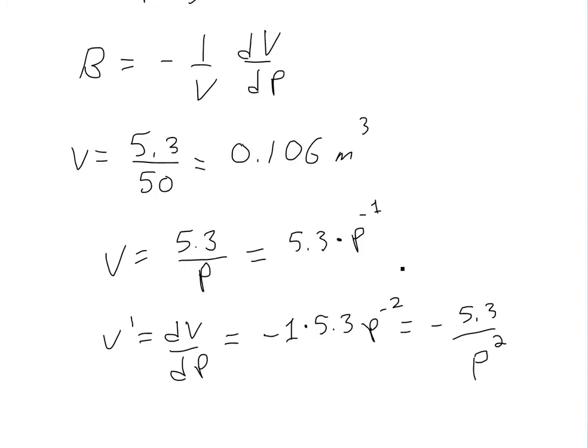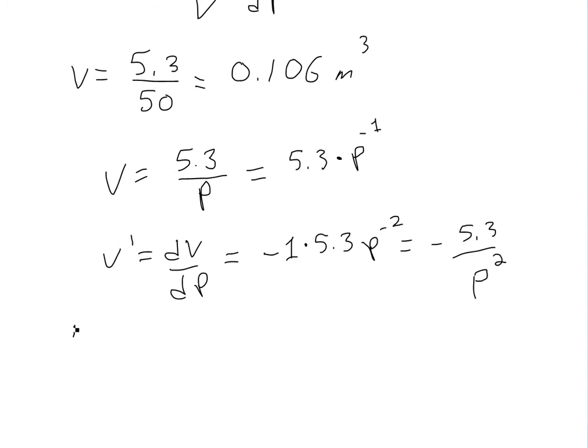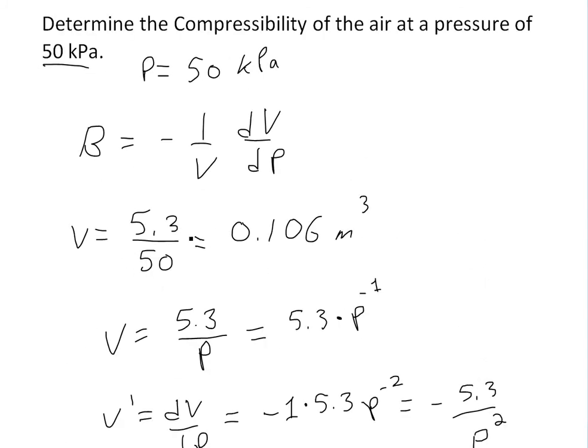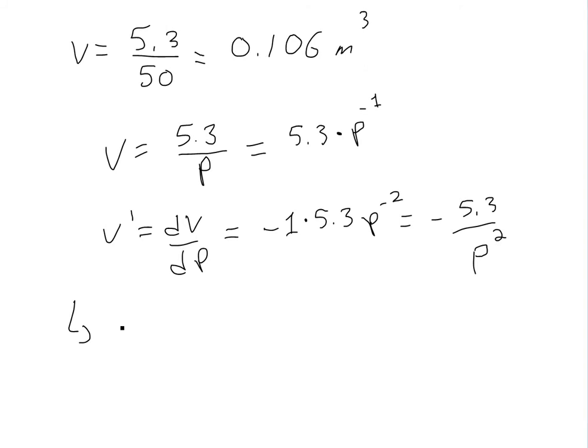Now we plug in P equals 50, so V prime at 50 equals -5.3 divided by 50 squared.